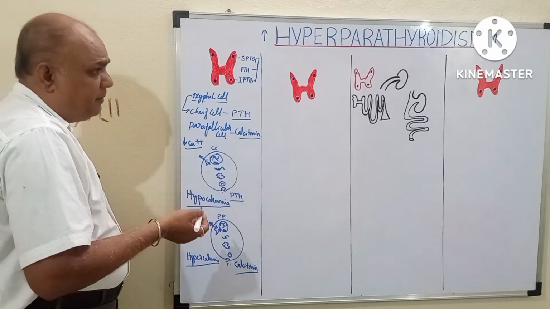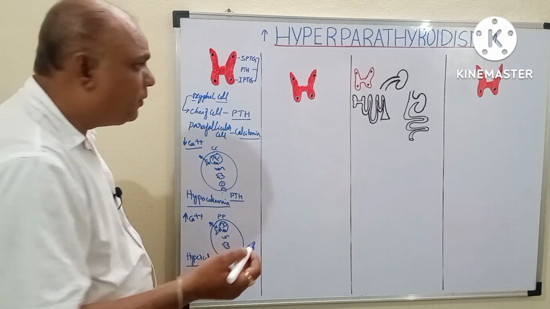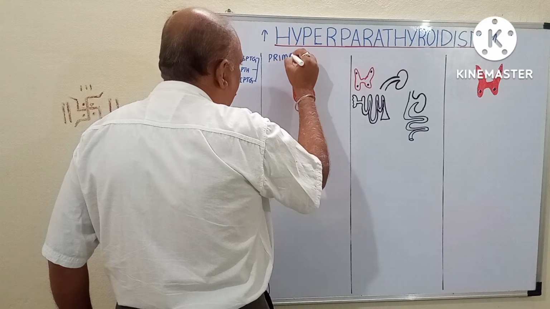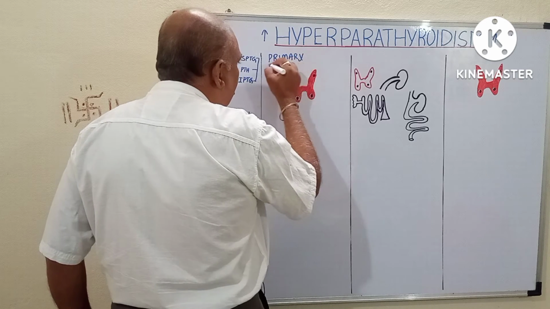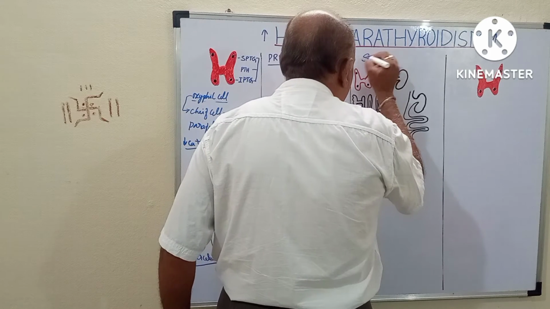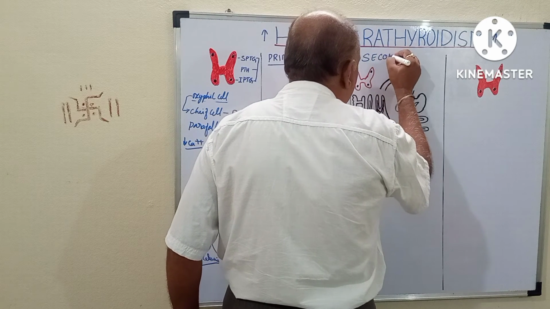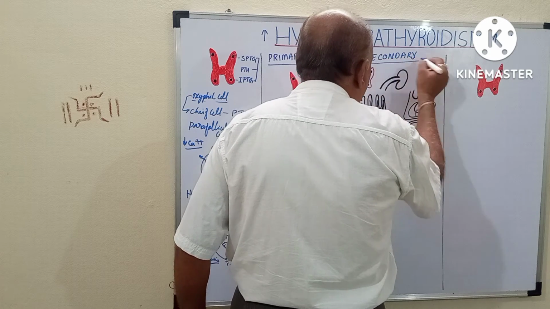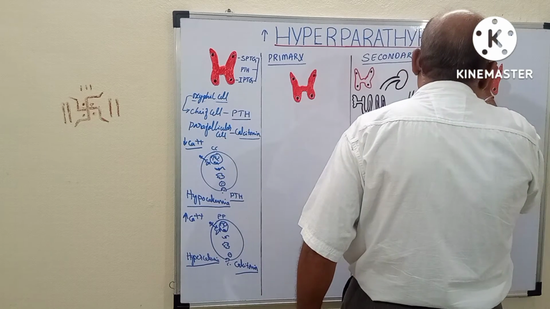Now hyperparathyroidism is categorized into 3: primary, secondary, and then tertiary.